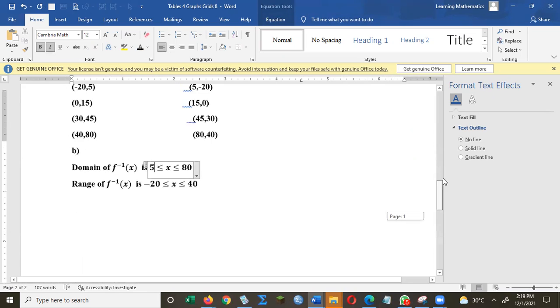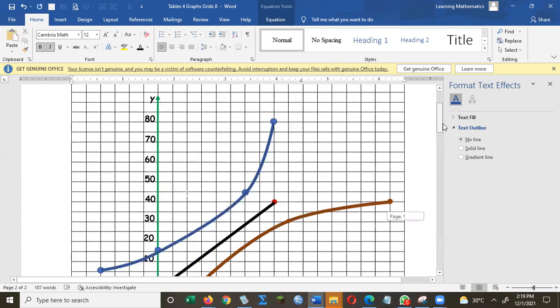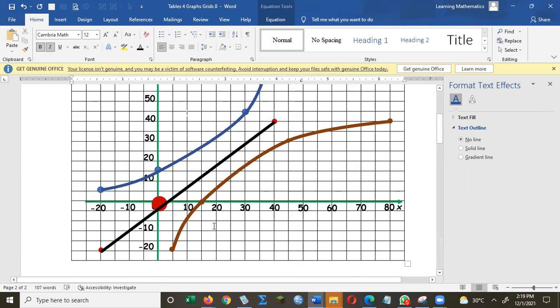And the range of the inverse now: the domain is from left to right, the range is from down to up. -20 to 40 is the range of the inverse. Domain generally is from left to right, 5 to 80, and range is from down to up, -20 to 40.